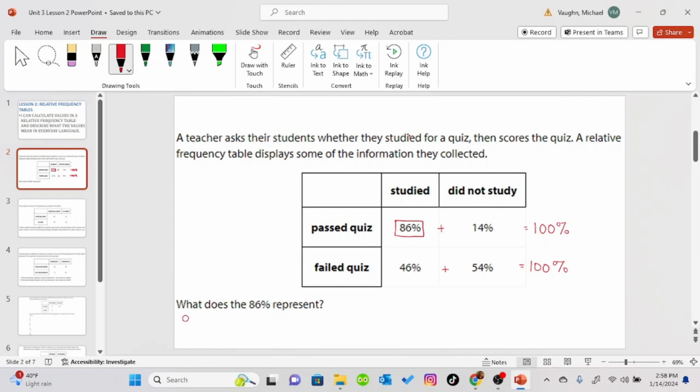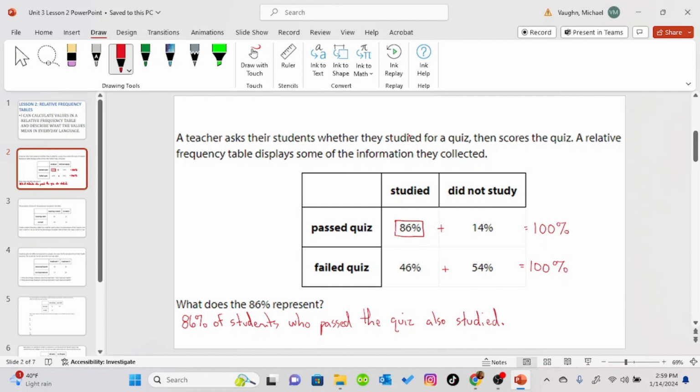So this means 86% of students who passed the quiz, and it's in the studied column, so that means 86% of students who passed the quiz also studied.